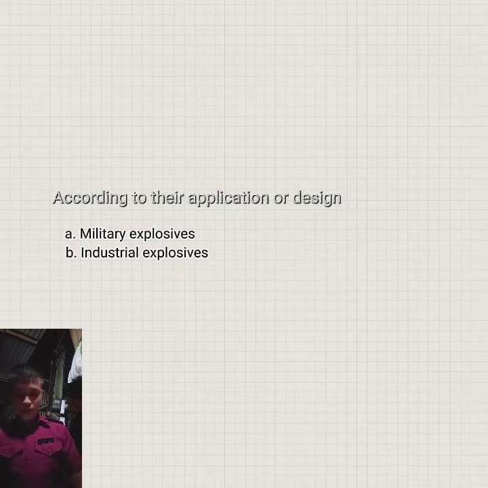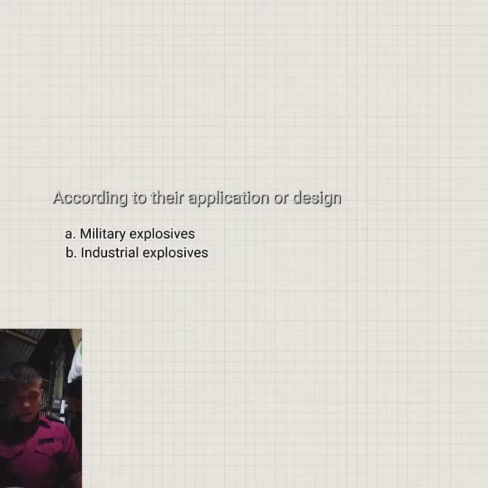For the military explosives, the following are some of the basic explosives. Composition C4, a mixture of RDX; amatol, TNT and ammonium nitrate mixture; cyclotol; picratol, TNT plus ammonium picrate; and tritonal, TNT plus aluminum.